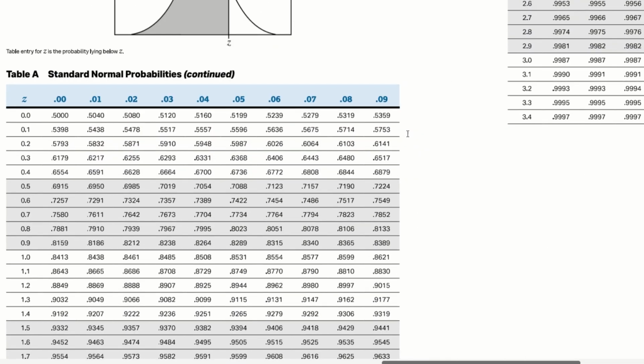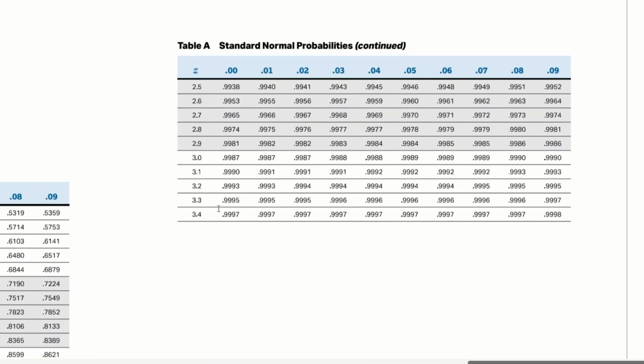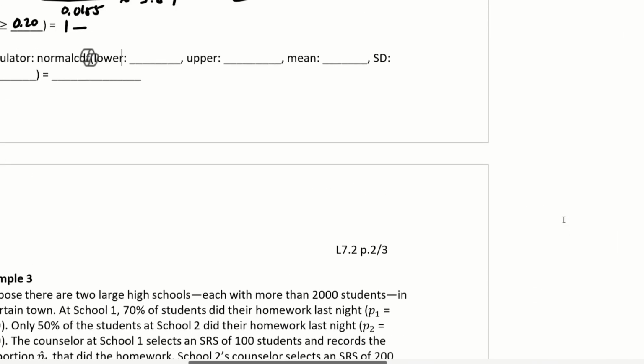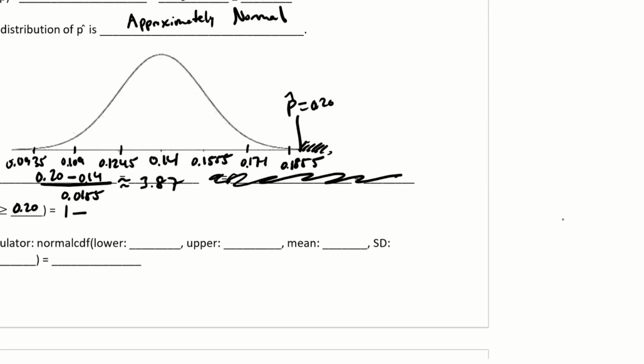Now, oh, look at this. So notice that the biggest is 3.49. So anything above 3.49, like 3.5, 3.6, 3.7, 3.8, like what we got, you're just going to say that it's 0.9999 for the area. So we're going to say that this area on the left is 0.9999. And then if I subtract that from 1, I get about 0.0001. So, such a tiny probability.